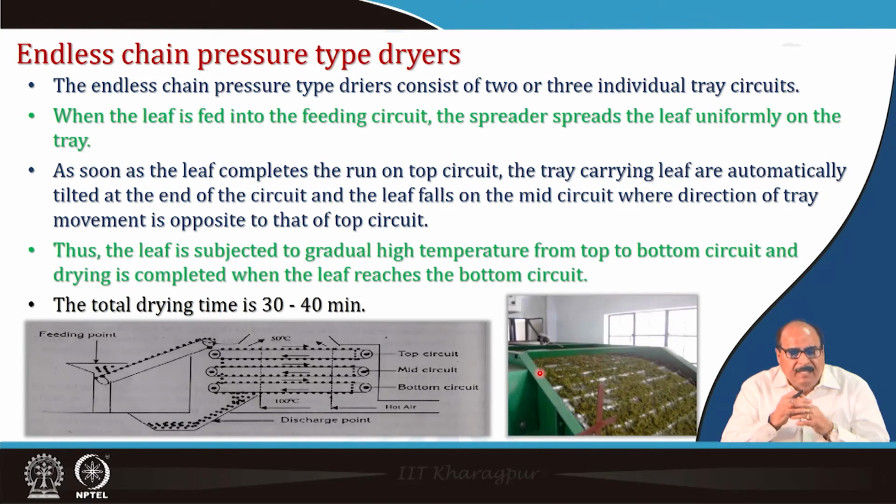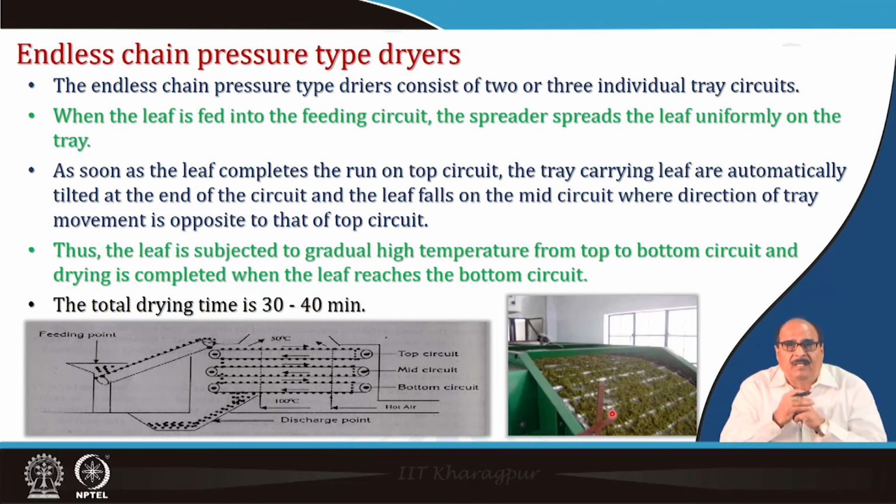Then after that, endless chain pressure type dryers. You can see here the feeding point, and then it is a moving tray: top circuit, mid circuit, bottom circuit, etc. You can see the actual figure here. The endless chain pressure type dryer consists of 2 or 3 individual tray circuits. When the leaf is fed into the feeding circuit, the spreader spreads the leaf uniformly on the tray.